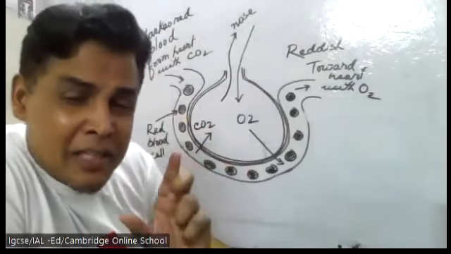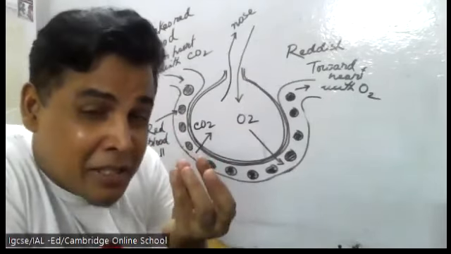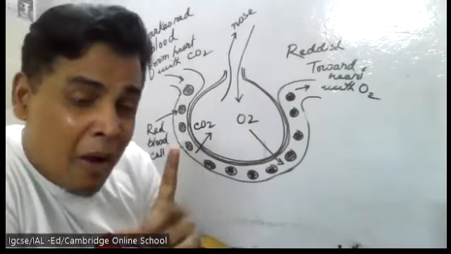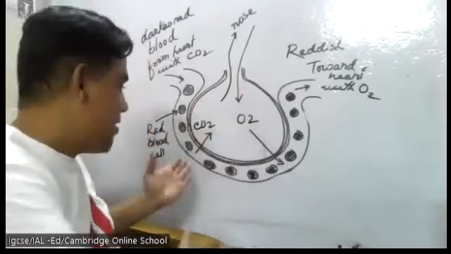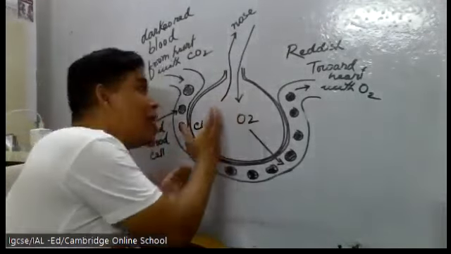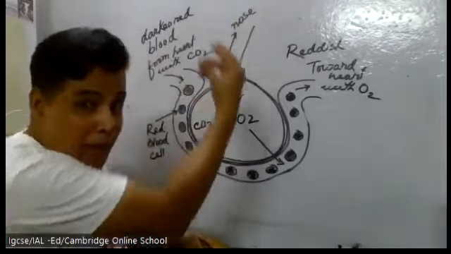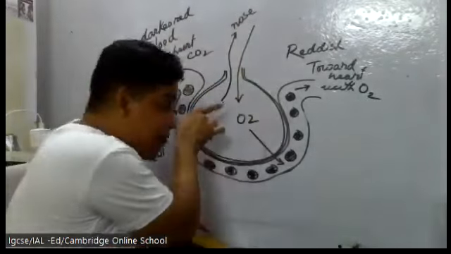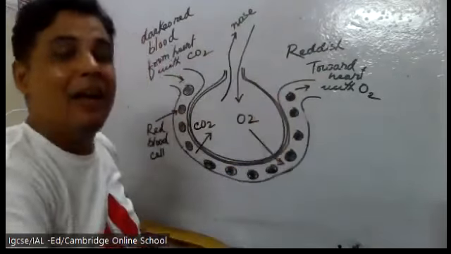And in the lungs, there are millions of small air sacs called alveoli. In the alveoli, gas exchange happens: carbon dioxide enters the alveoli and goes out through the nose, and from the nose, oxygen enters, mixes with the blood and goes again to the heart.